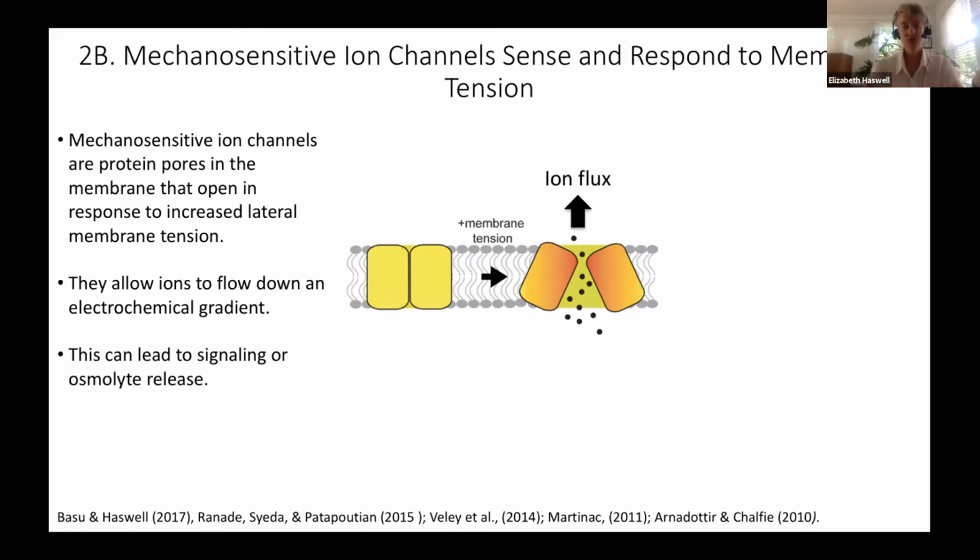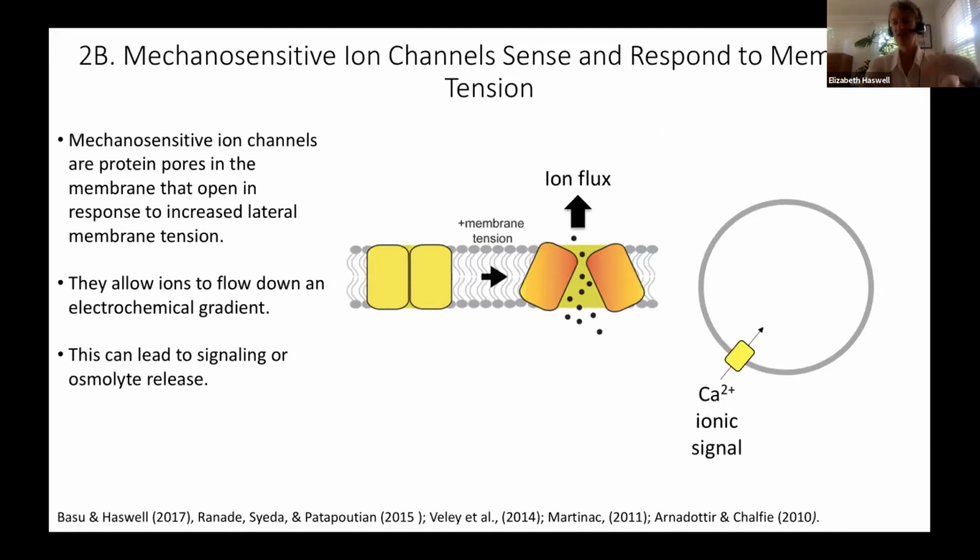This can lead to a couple of different things. If you have a cell, here shown in gray, and it swells, maybe this is osmotic swelling, maybe it swells for another reason, this causes the channel to gate. There are a couple of things that could happen. If it's calcium permeable, calcium could enter the cell, and as you probably know, calcium is a second messenger that can activate all kinds of downstream effects.